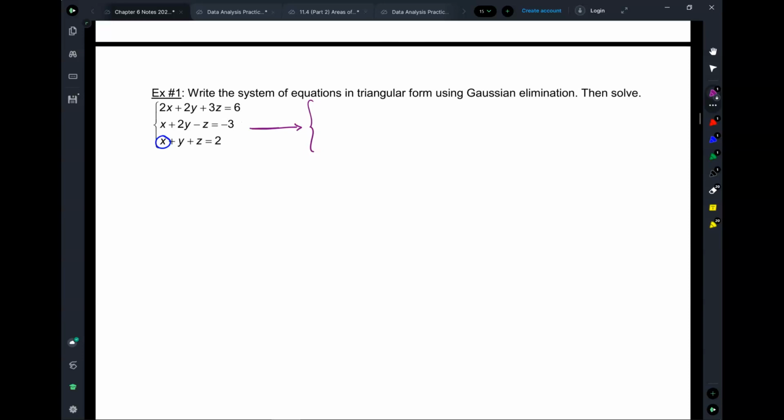These 2 rows are going to remain unchanged, so I copy them over. 2x plus 2y plus 3z equals 6. x plus 2y minus z equals negative 3.